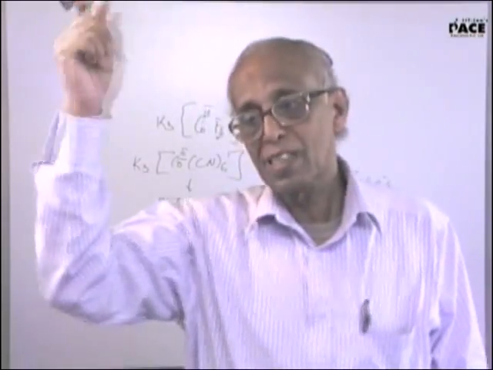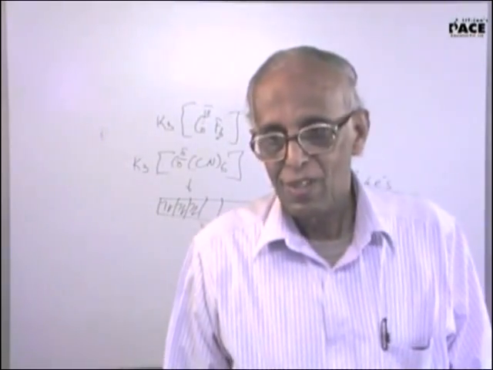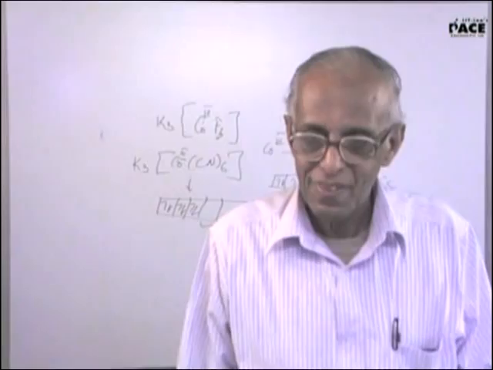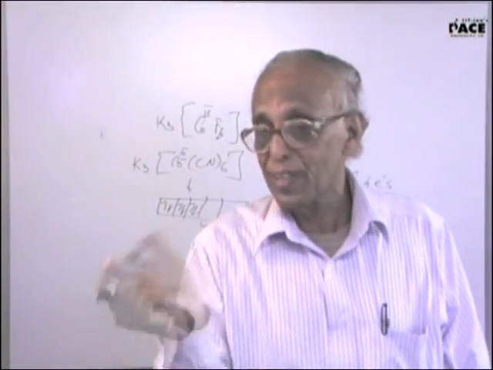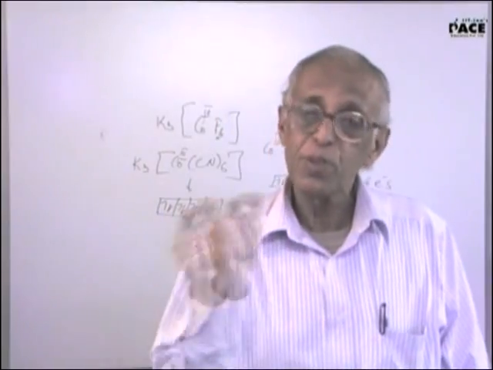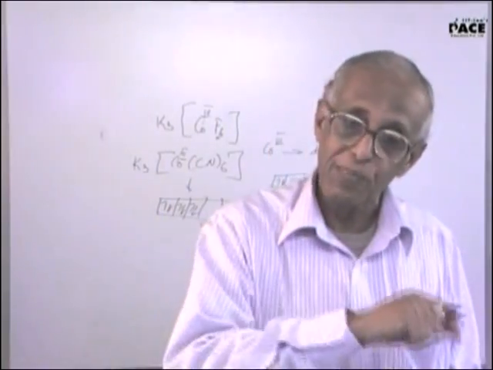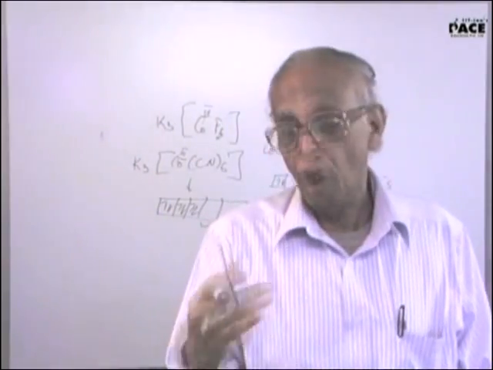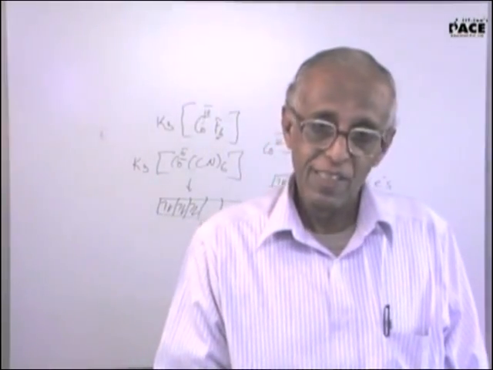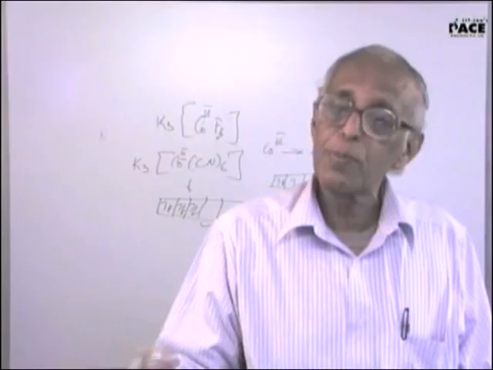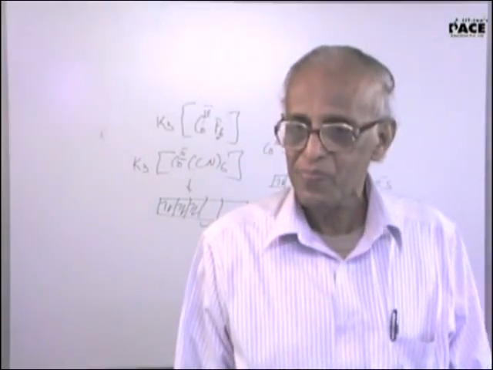But that requires ultraviolet energy, so it is not colored. So it depends on how much energy is required to transfer the electron from the donor atom to the acceptor atom. If it falls in the part of the energy of the visible light, then the remaining part is transmitted and that gives the color.